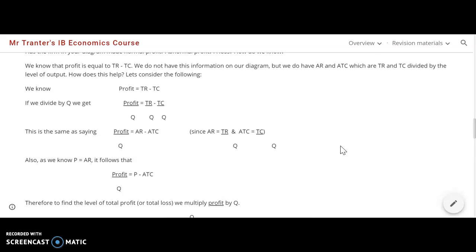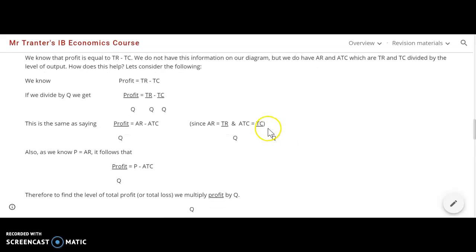Now, if we divide everything by Q, so profit divided by Q equals total revenue divided by Q minus total cost divided by Q. Why are we dividing by Q? I suppose we're just trying to get an average. So profit per unit equals revenue per unit minus cost per unit.